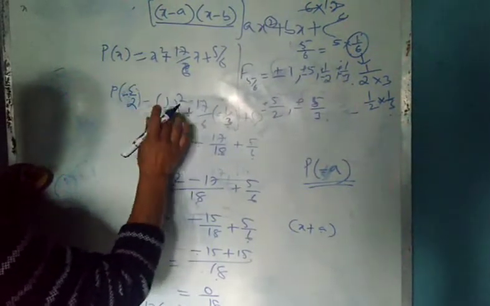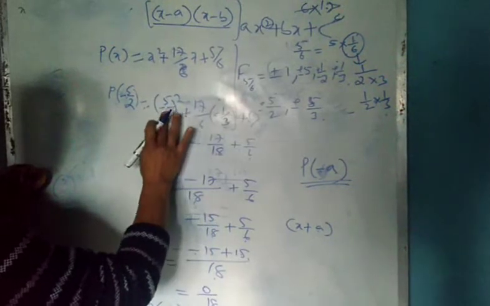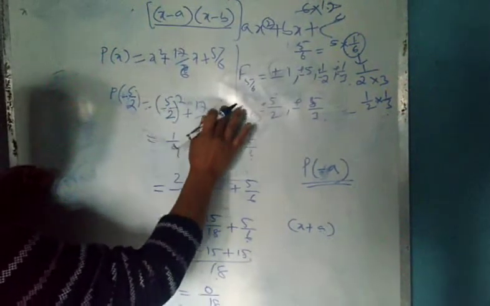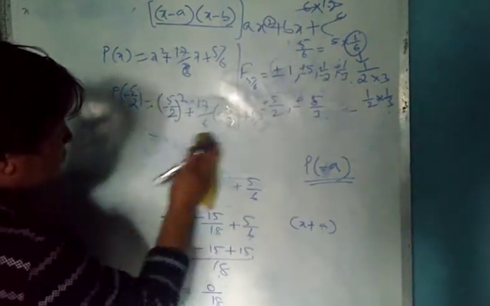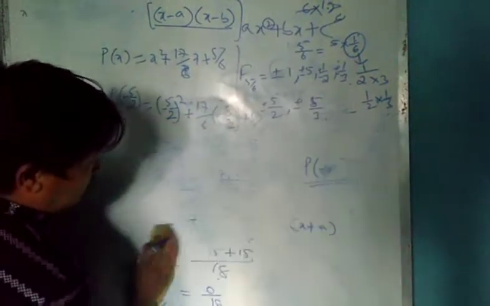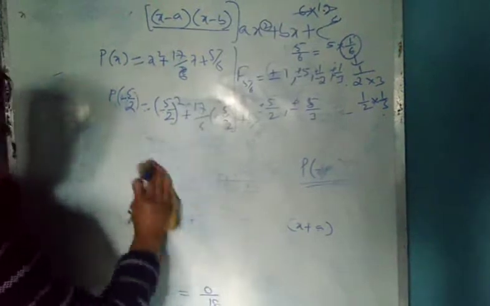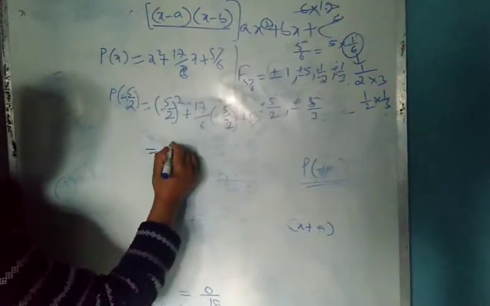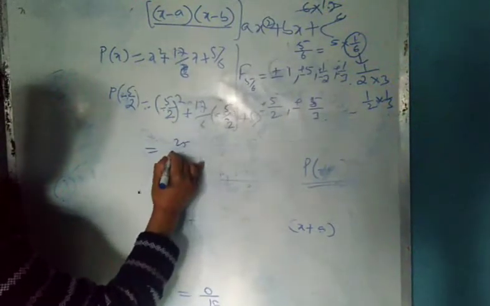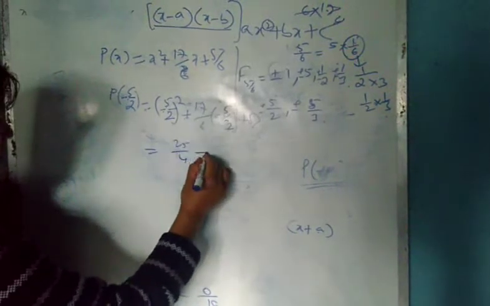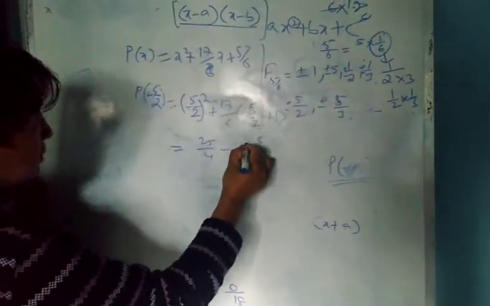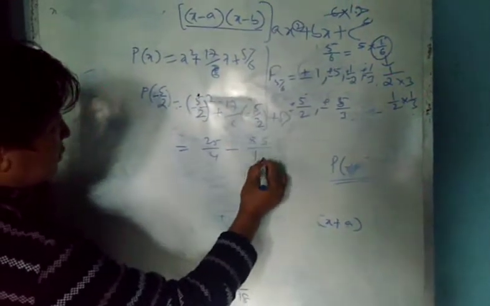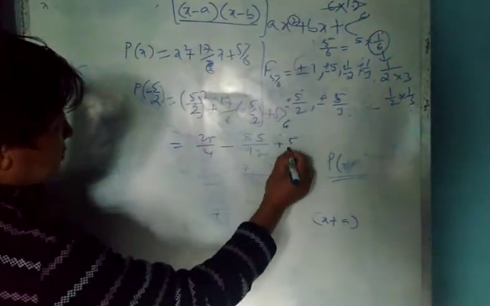Now let us try minus 5/2. Okay. 5/2. 5 5s are 25, positive, by 4, plus minus 5 7s are 35, 5 1s are 5, 85 by 12, plus 5 by 6.